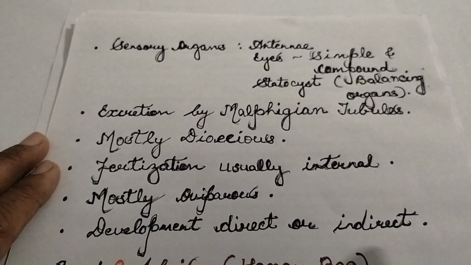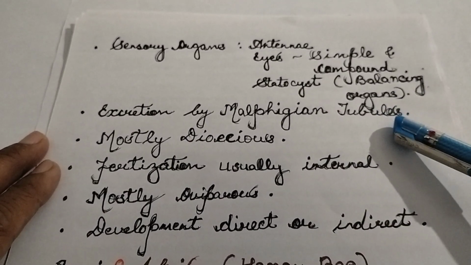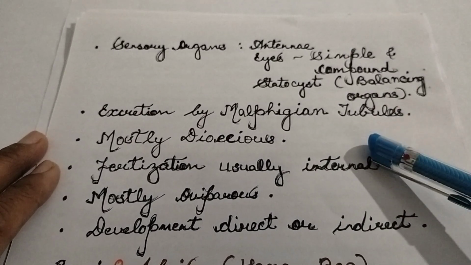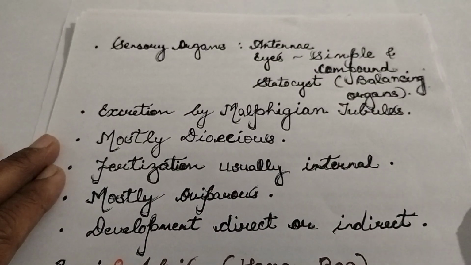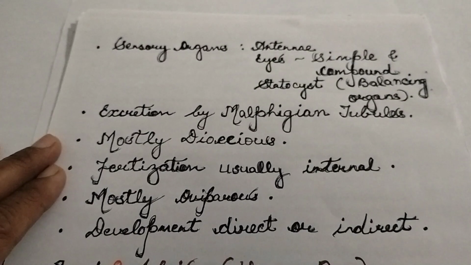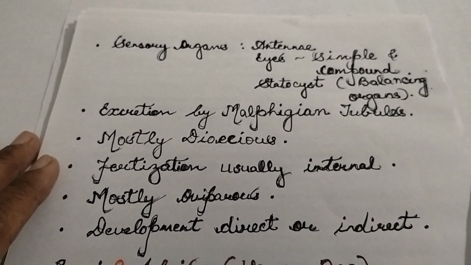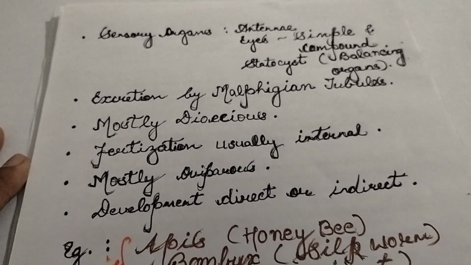Next character, in arthropods, excretion is by Malpighian tubules. So specific structures are present here for excretion, that is Malpighian tubules. Just now we studied that they exhibit organ system level of organization, means different functions are performed by different organ systems, each having various organs for that particular function.